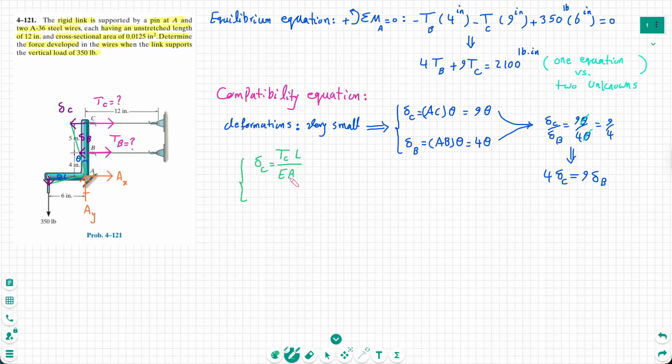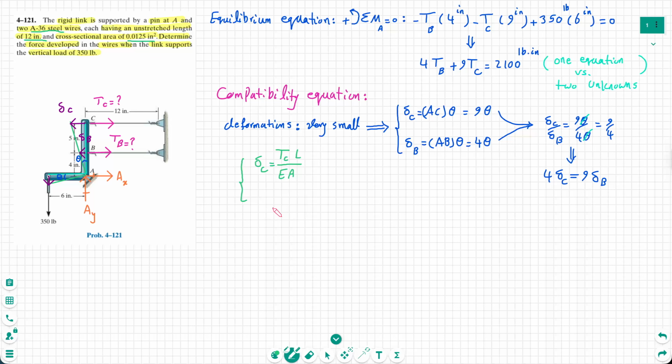E is just the modulus of elasticity of A36 steel wires, and A is the cross-sectional area that we are given.